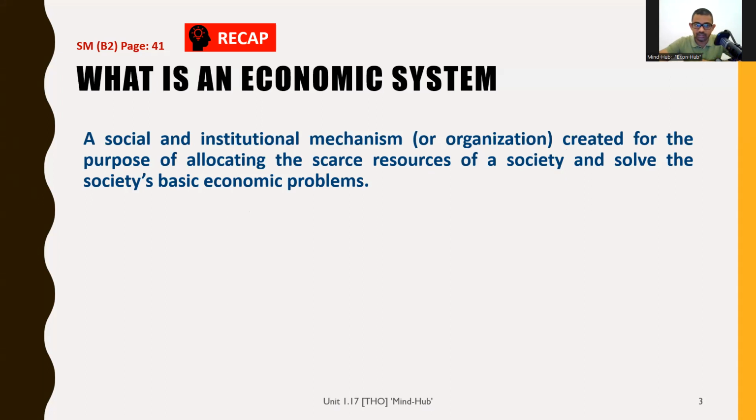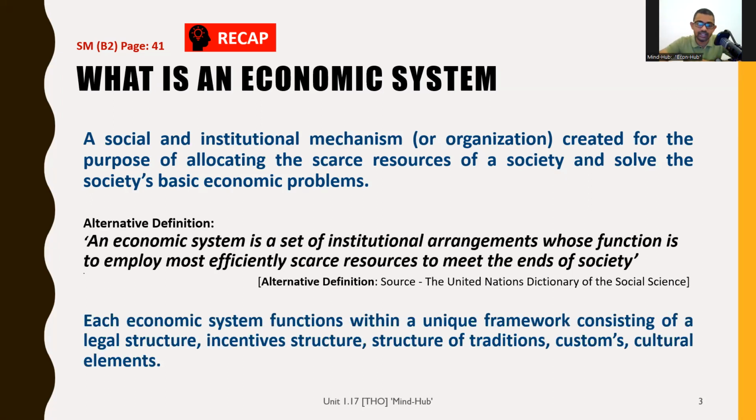Then we gave an alternative definition also, and then we moved on to our understanding that every economic system, these institutions that are within an economic system, always function within what we call a certain framework.